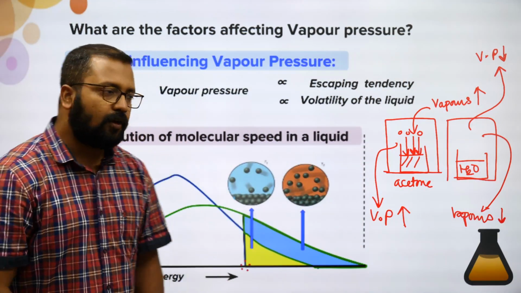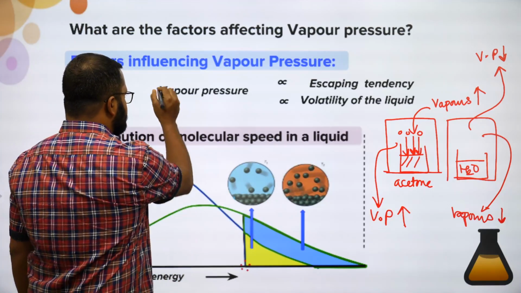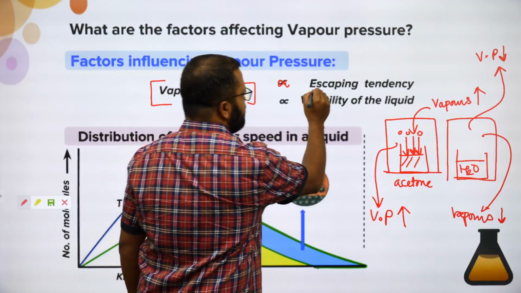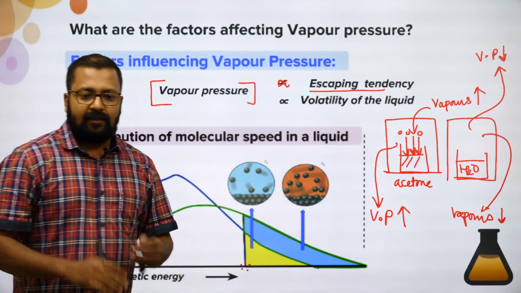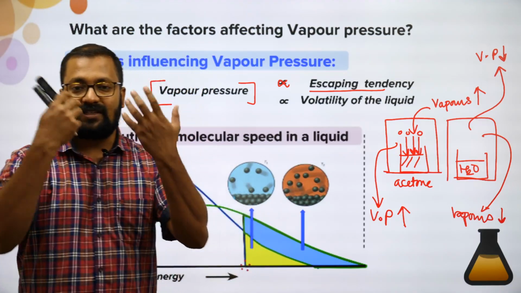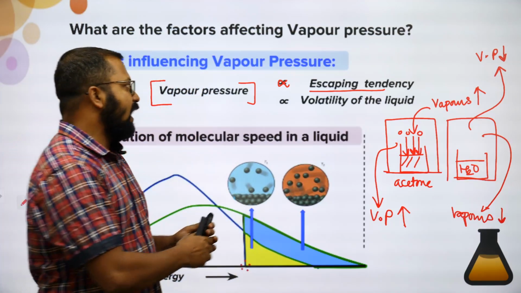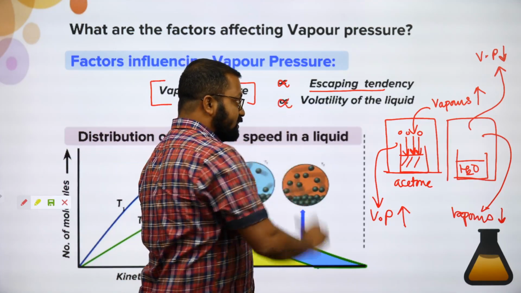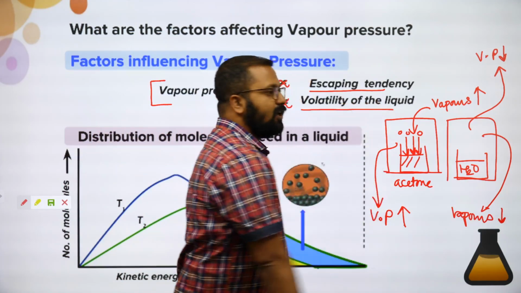Okay, it's very obvious. So can we say that vapor pressure is proportional to the escaping tendency? The solvent whose molecules escape very easily will have higher vapor pressure. It is thus proportional to the volatility of the liquid.